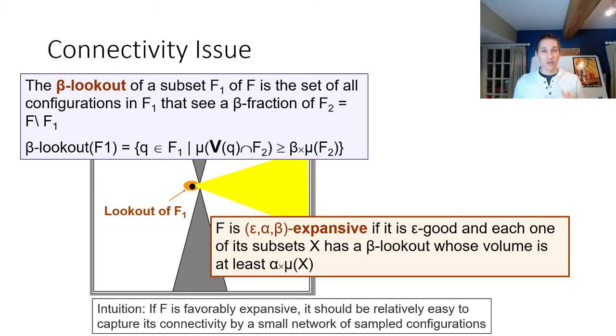So this means that for any two parts of a division of the space, a significant fraction of one part sees a significant fraction of the other part. If these values of alpha and beta are relatively large, then there's a relatively high probability of sampling a point in one subset that can see a point in the other subset.